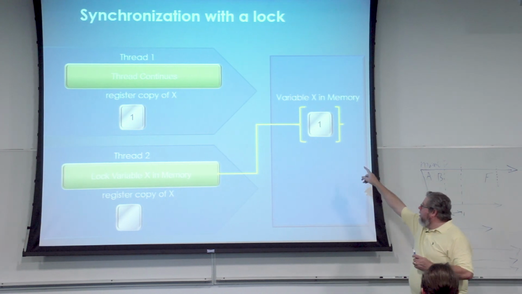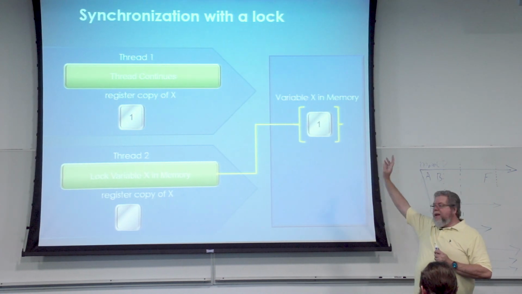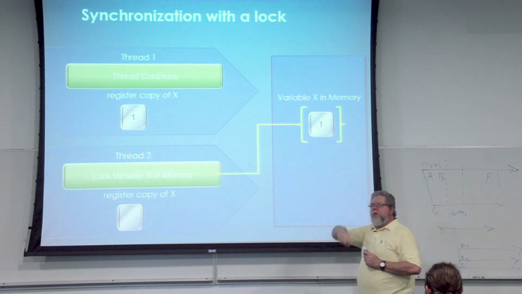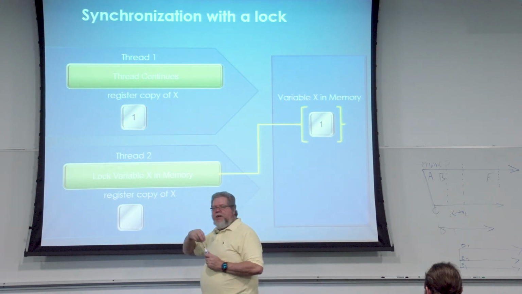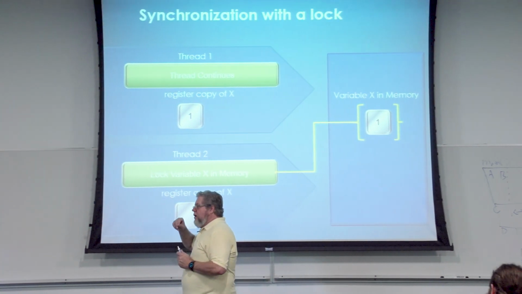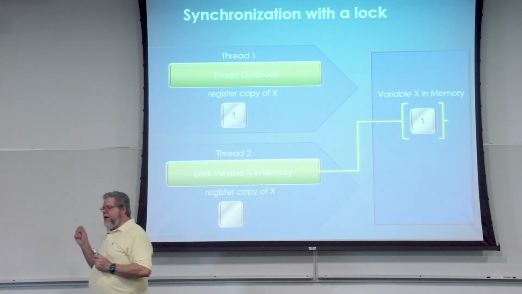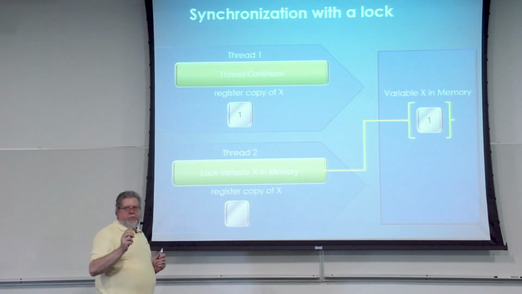So it's going to unlock it. When it unlocks it, that's going to send a signal to all of those threads sitting in that waiting queue and say, hey, that variable you tried to get that wasn't available, it's available now.